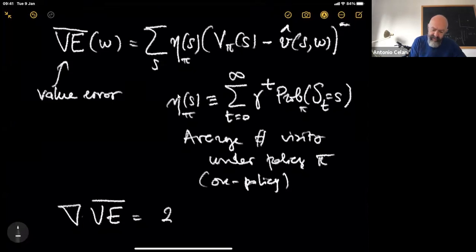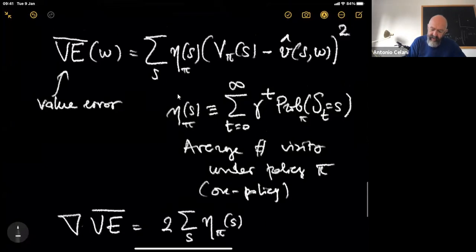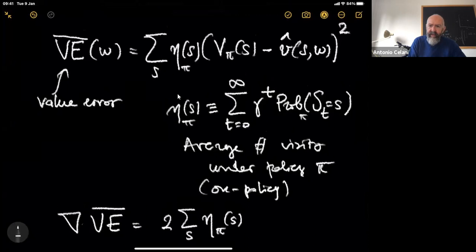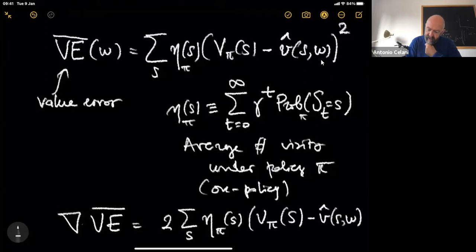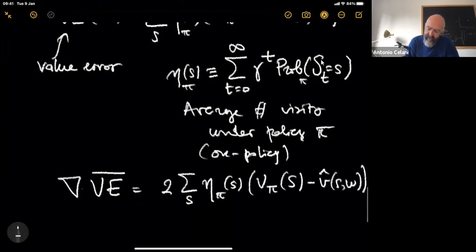It's going to be 2 times the sum over s of eta pi of s. Notice that the policy is fixed, so it doesn't depend on the choice of the parameters w. The only part which depends on the parameters w is this term here. So this is just going to give me v pi of s minus v hat of s, w, times minus the gradient of the approximation.